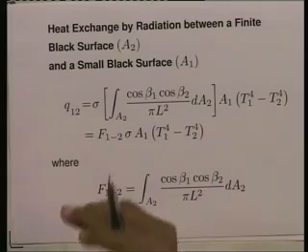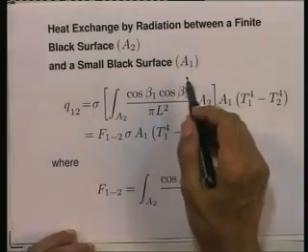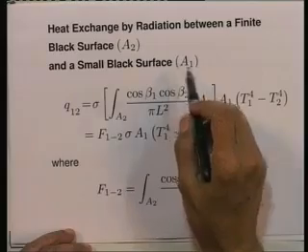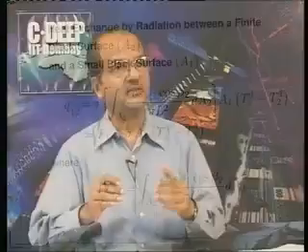Small means like a differential area, a small black surface A1 which is like dA1. Suppose we have this situation, a small area and a large area, and we want to calculate heat exchange rate between them by radiation if they are maintained at two temperatures T1 and T2.